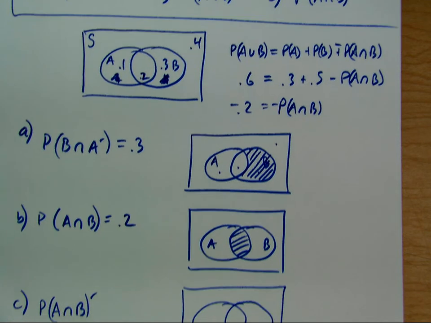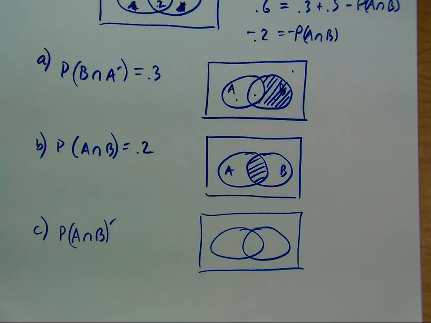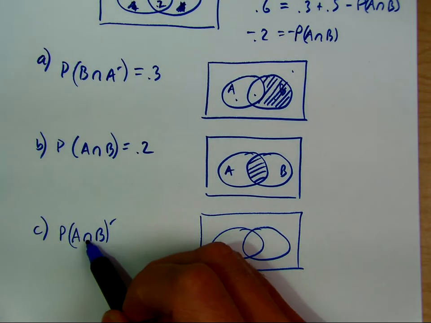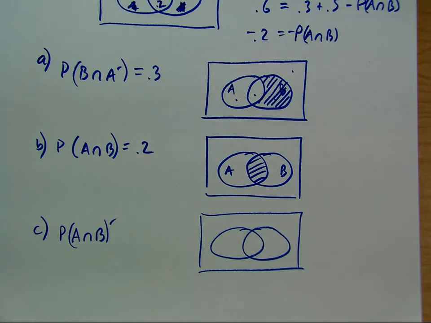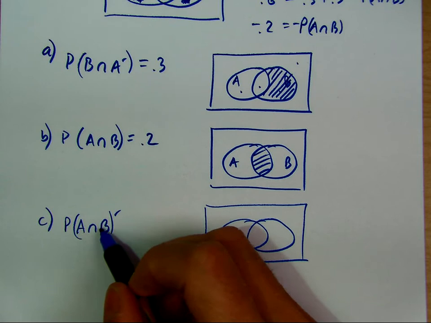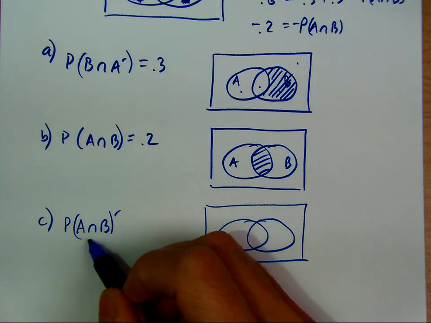And we need everything outside of the intersection of A and B. All right. So we want to find the intersection and then shade everything outside of the intersection.